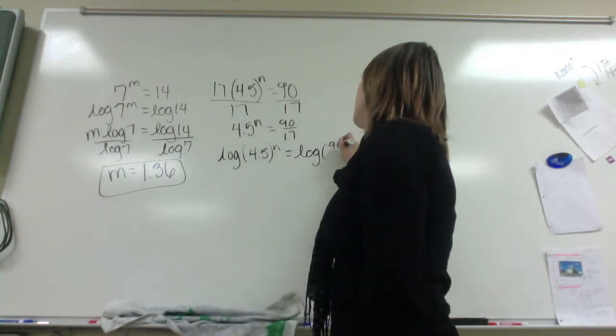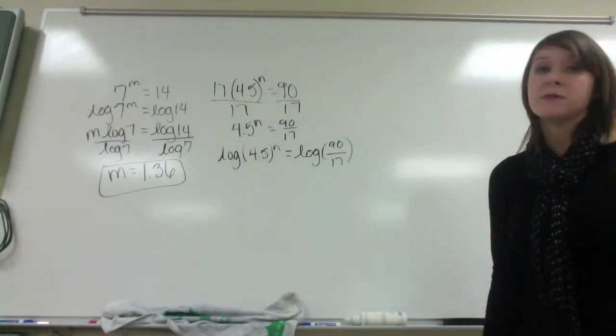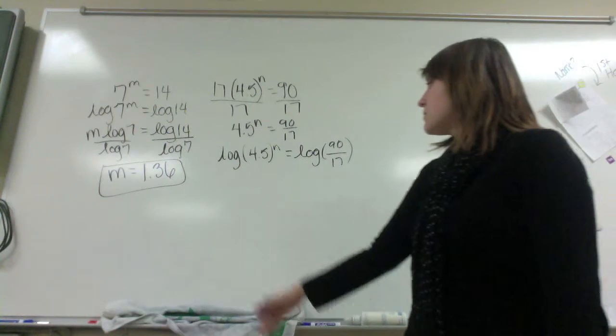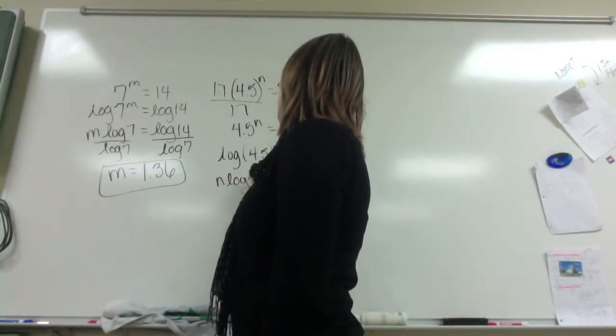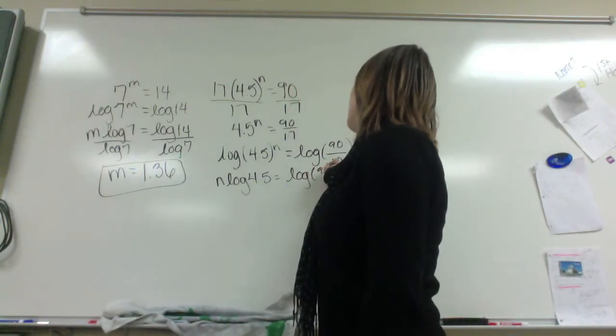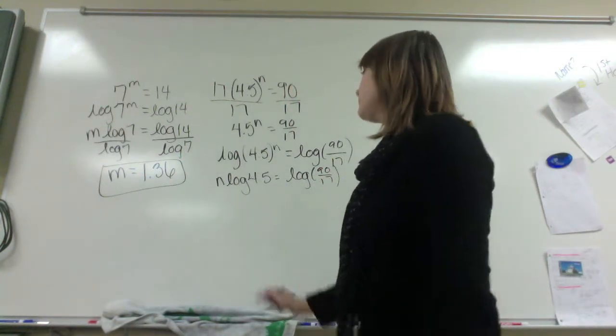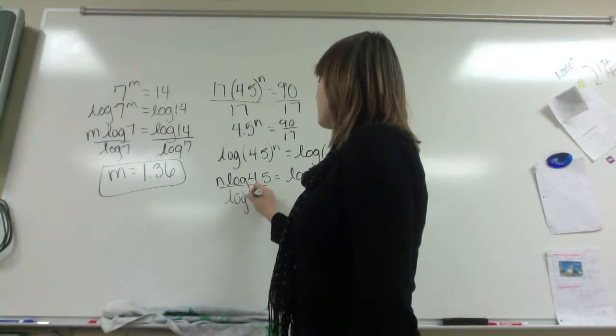Remember that anything you do to one side, you have to do to the other side because we have an equation, which means that both sides are equal. Okay, so now I can move this power down to the front. And then I'll notice that to get n by itself, I need to divide by the log of 4.5.